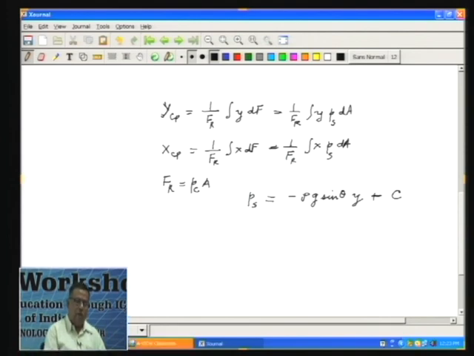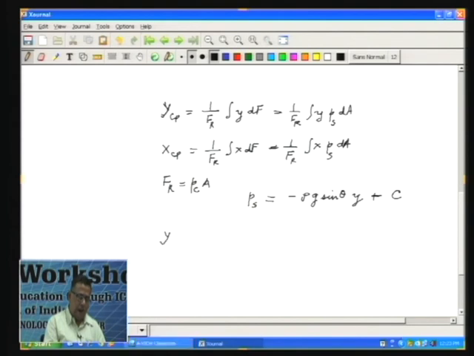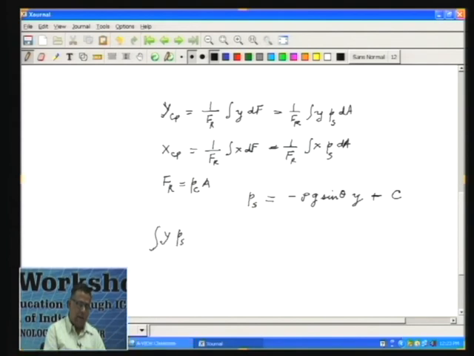Now, we want to look at y times P_s and then integrate this. So, you are going to have minus rho g sin theta in the integral of y squared dA plus c into integral of y dA.